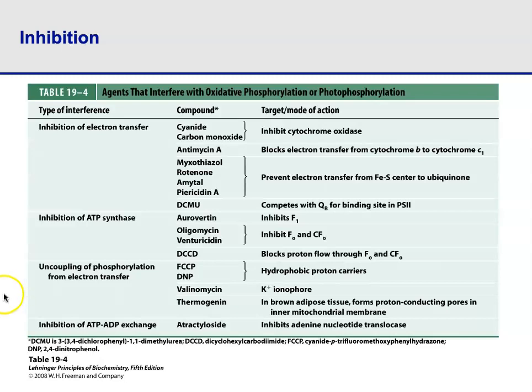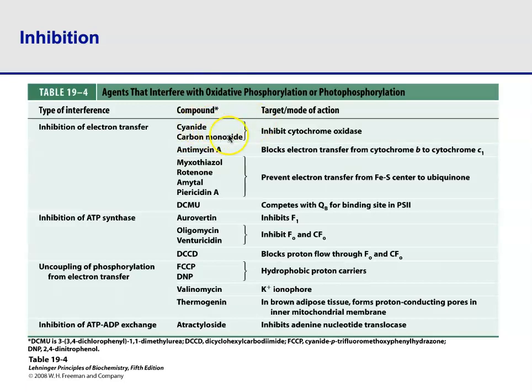Some of the most potent toxins act at the electron transport pathway. Cyanide, even carbon monoxide, which is a naturally occurring toxin, you know how effective these toxins are in terms of how toxic they are.